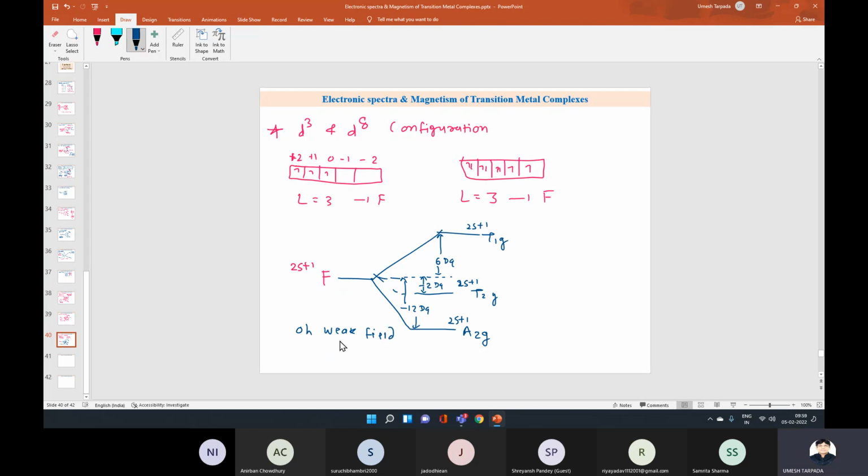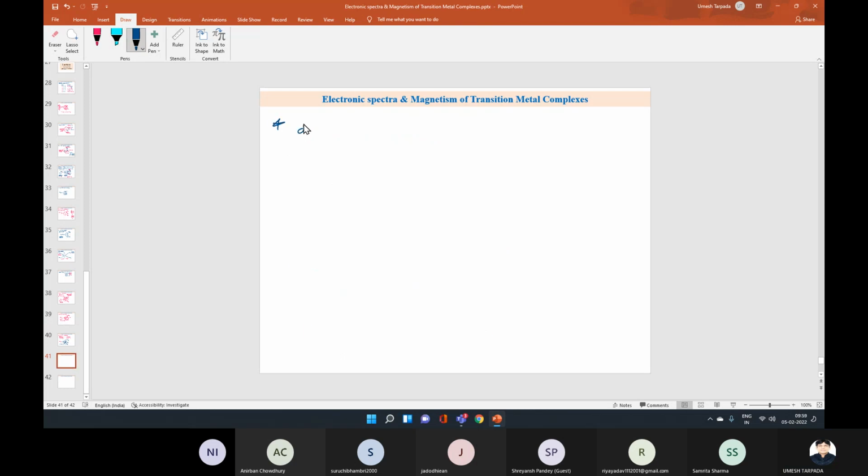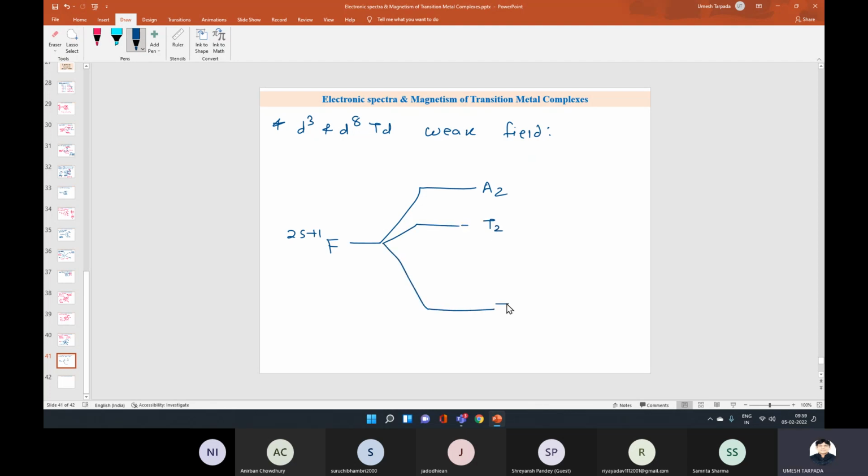What happens in the case of tetrahedral field? Tetrahedral weak field. इनका डायग्राम कैसे आएगा? A2 ऊपर चला जाएगा फिर T1 नीचे. यस, ग्राउंड टर्म चेंज हो जाएगी तो यहाँ पे A2, उसके बाद नेक्स्ट जो है वो T2 और यहाँ जो है वो T1 and this is the barycenter.